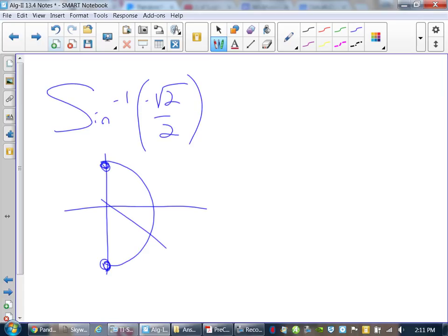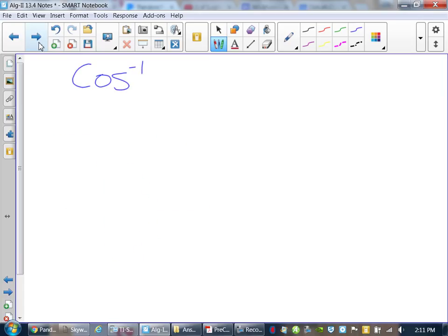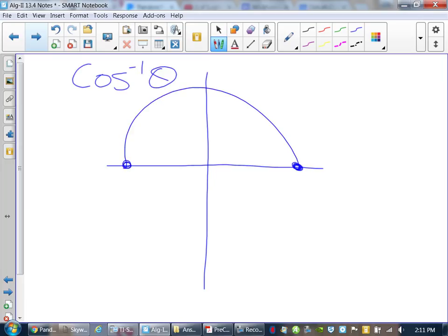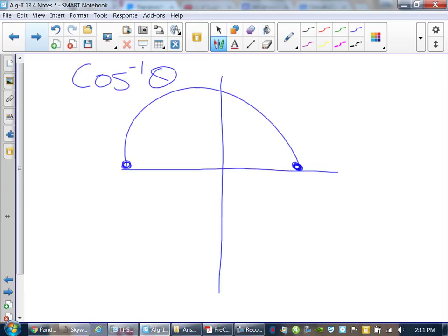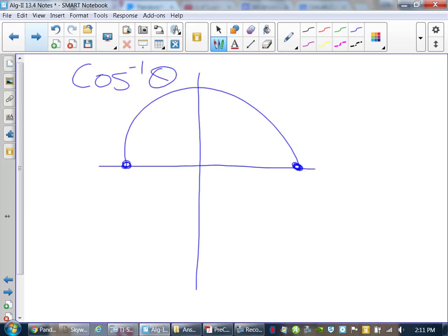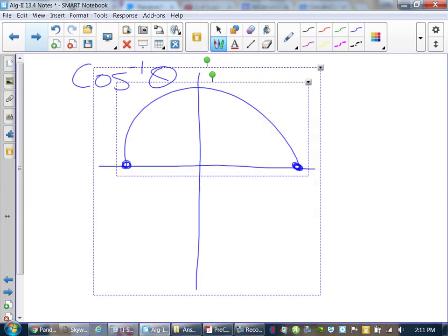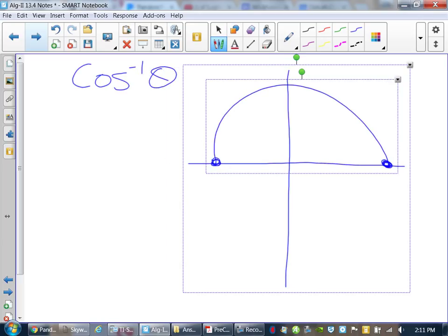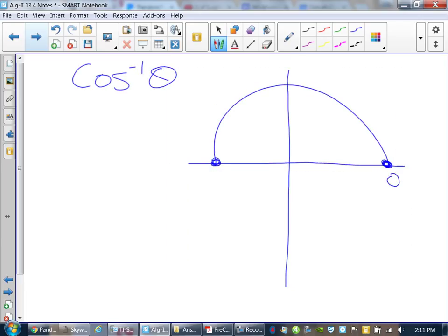Let me show cosine first, okay? Cosine is found between 0 and 180. You're going to search for cosine angles between 0 and 180 degrees, or between 0 and pi.